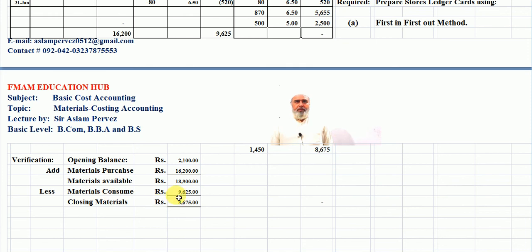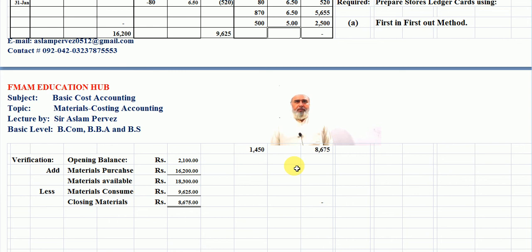Material consumed is 9,625 rupees. The remaining balance is 8,675 rupees. You are looking, we have 1,450 pounds of material against the amount of 8,675 rupees. Both values are equal. It means that we have solved our problem 100% accurately. Student, this is the method to solve this problem with the help of the FIFO method.